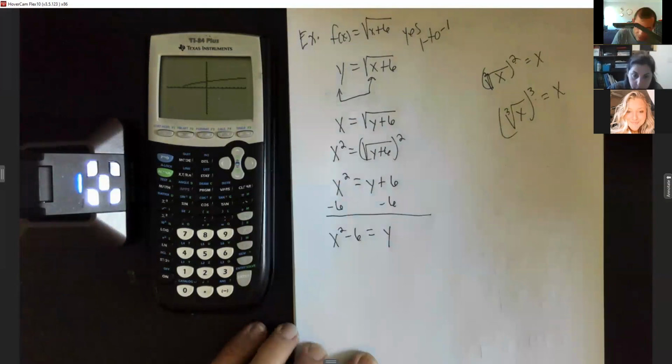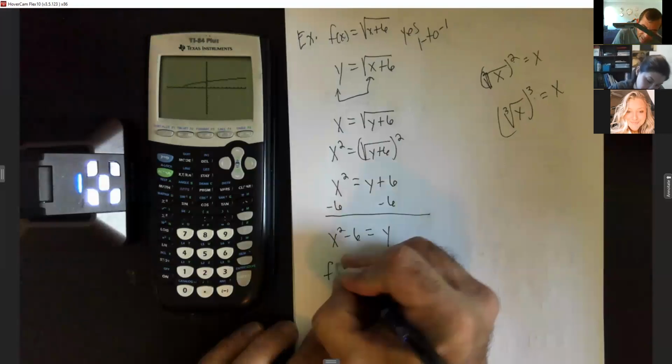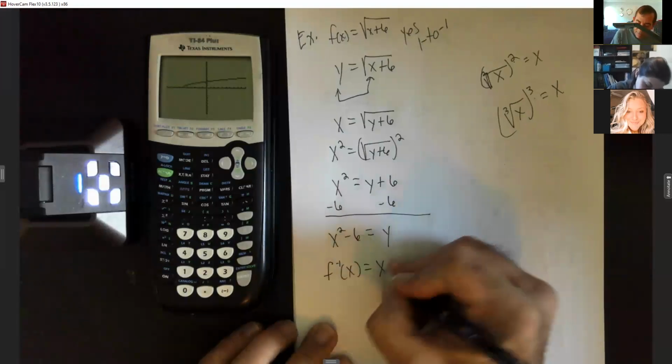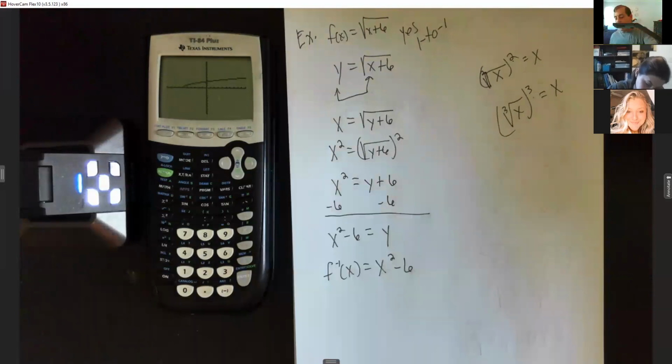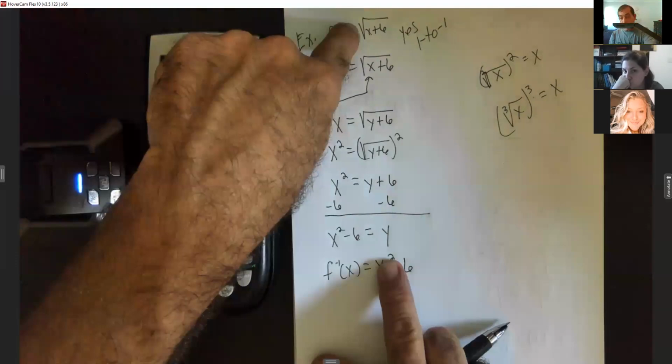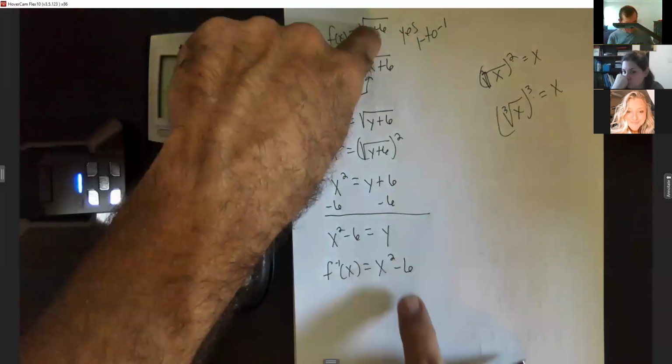All right, so I guess what I'll do is I'll do my f inverse of x notation and put in my x squared minus 6. So you started with a radical, you ended with an exponent. They were adding, we ended up being subtracting, okay?